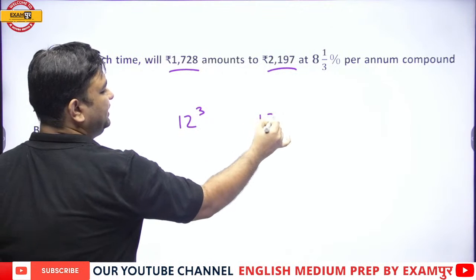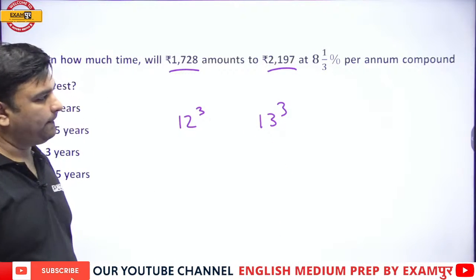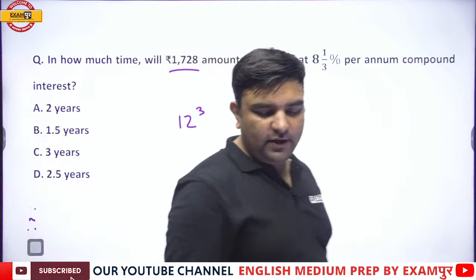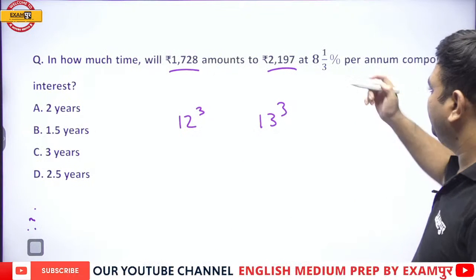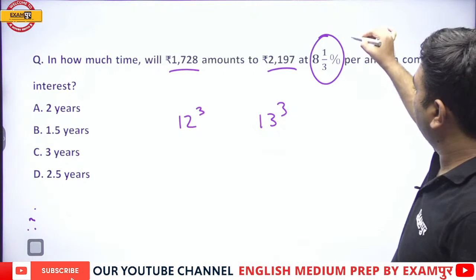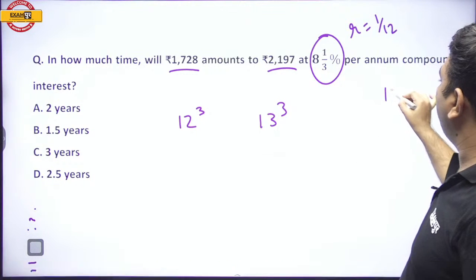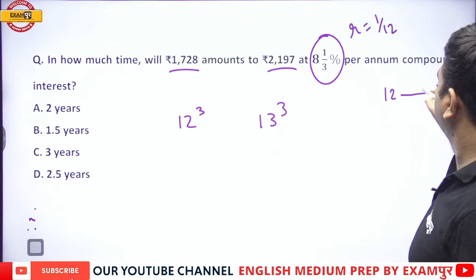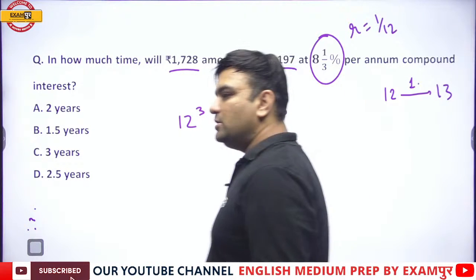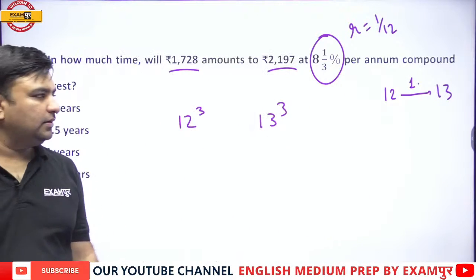12 cubed is becoming 13 cubed. What is the rate? Rate is 1 by 12. So 12 will become 13 in 1 year.